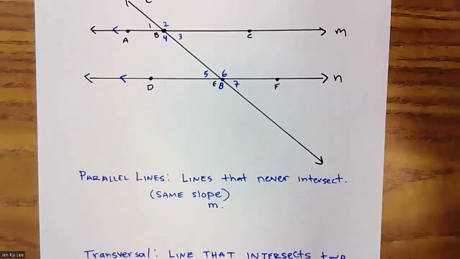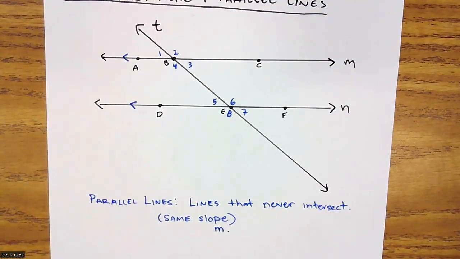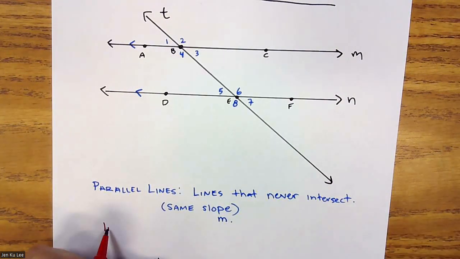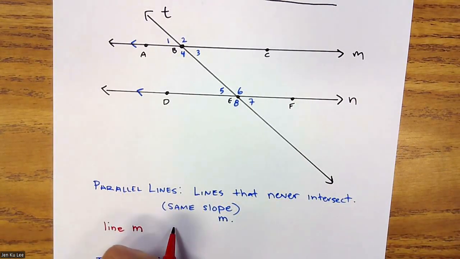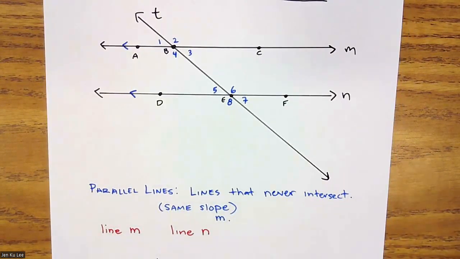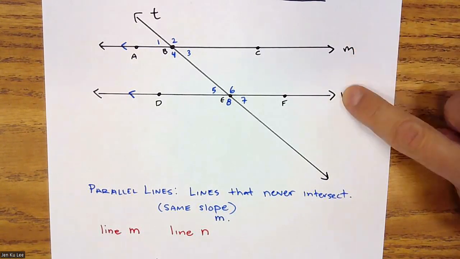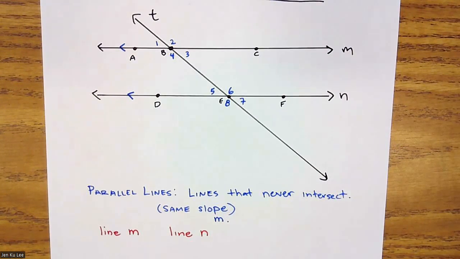How we label the parallel lines, we can first actually write out the word line, M, and line N. Okay, line M and line N, because there's two letters here that describes those two lines, right?